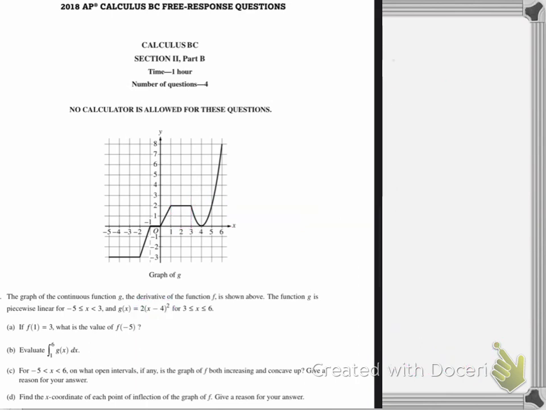Moving on to part C, let's take a look at what they want here. They're saying on the interval from negative 5 to 6, exclusive. On what open intervals, if any, is the graph of f both increasing and concave up? When the graph of f is increasing, we look at the first derivative: f prime of x is greater than 0.